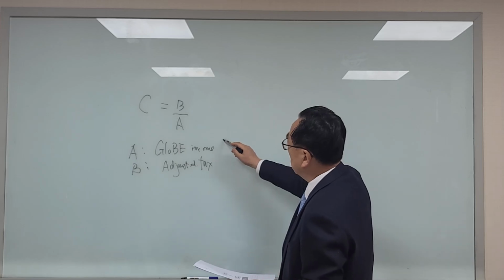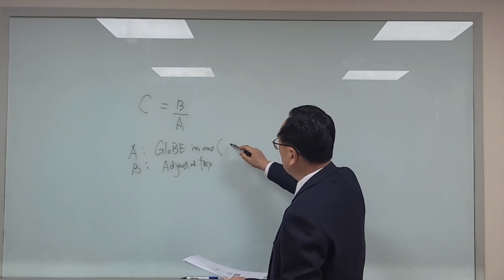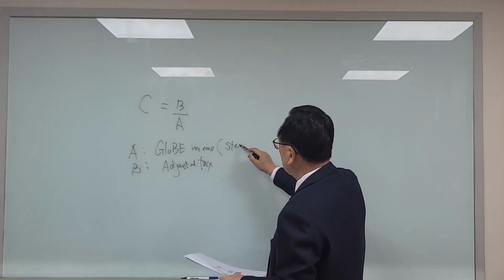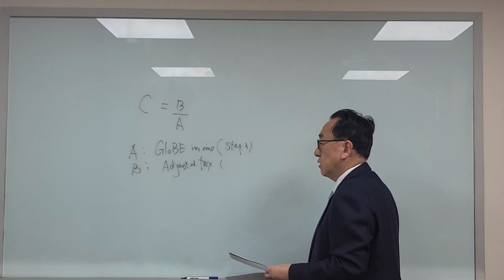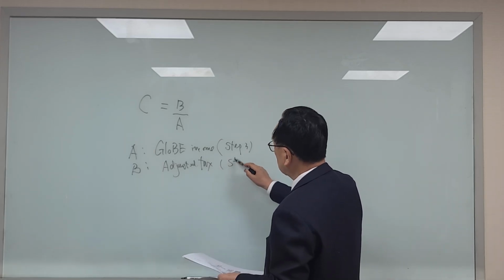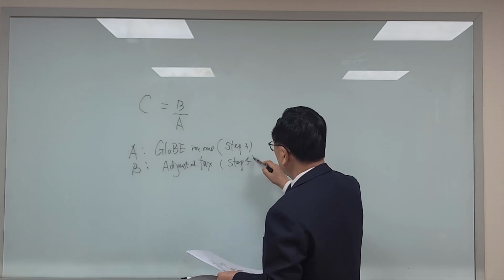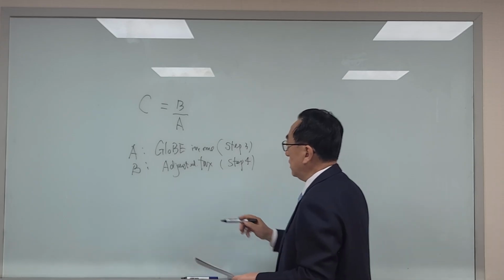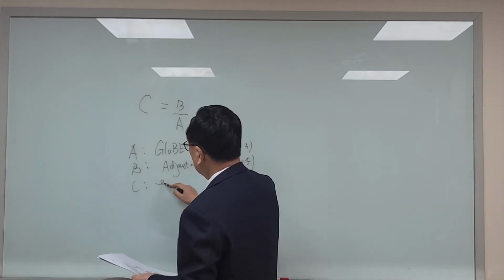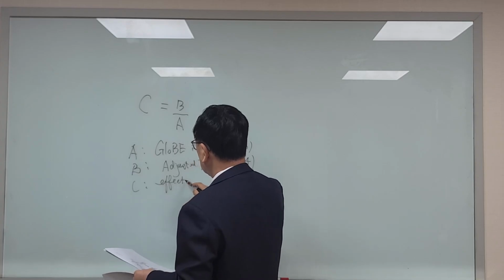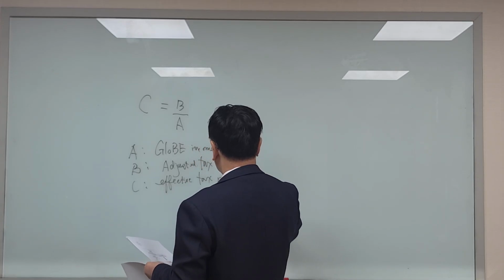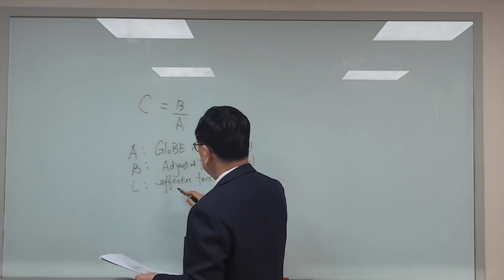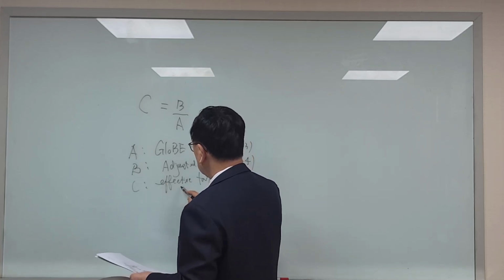This global income will be computed at step 3, and this adjusted tax will be computed at step 4. And C is the effective tax rate of a constituent entity.